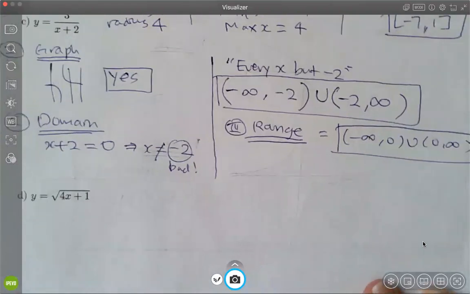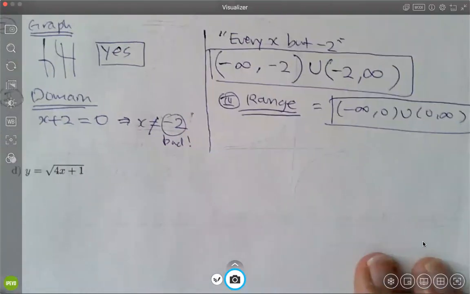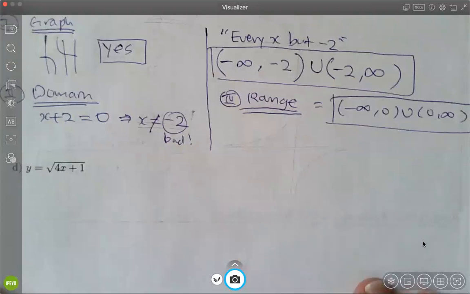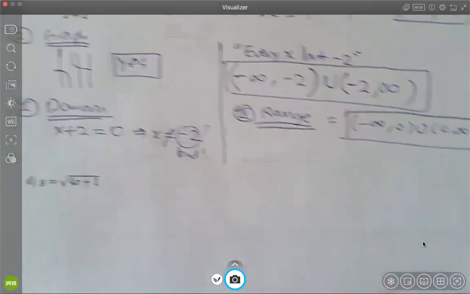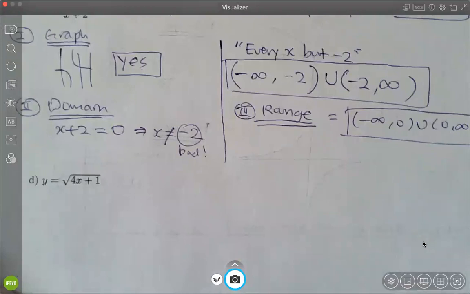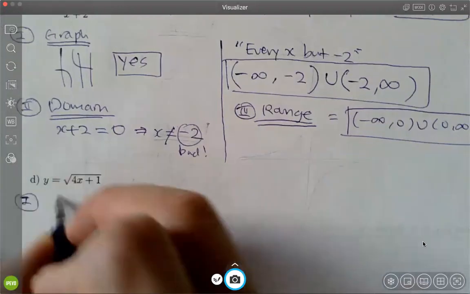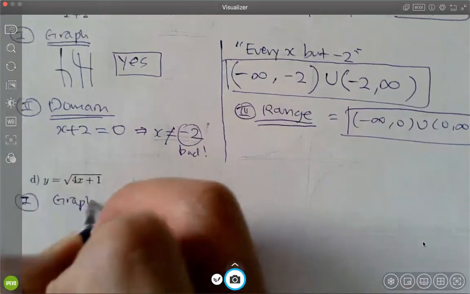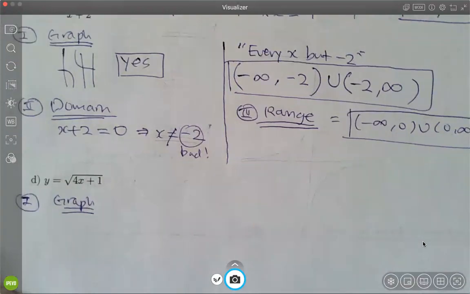Now, y equals the square root of 4x plus 1. So is this a function? Yes, and what's the reason?